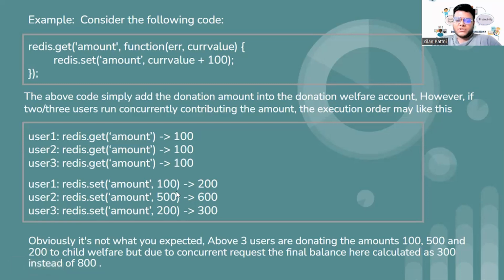So after the process of all 3 users, the total amount should be 800, but instead you can see the amount will be 300 remaining. So this is not an accepted result, right?